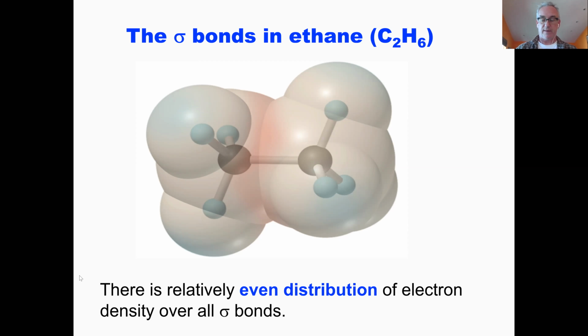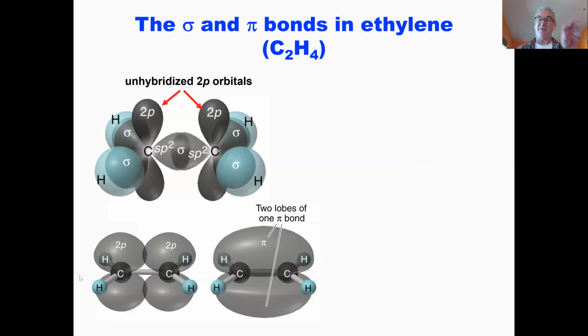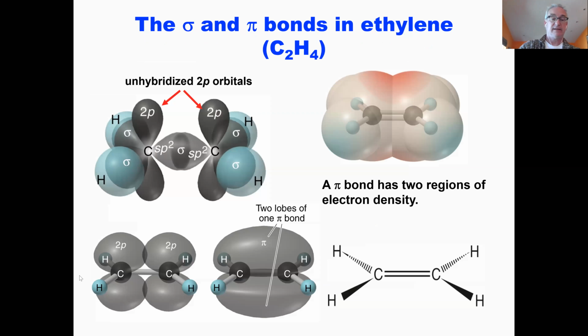But let's look at ethylene or ethene. Ene is when you have a double bond. So you add the word ene. So if we have ethane, means there's no double bonds. Ethene, ethyl meaning 2, methyl meaning 1. Ethene means we have 2 carbons and there's a double bond in there.